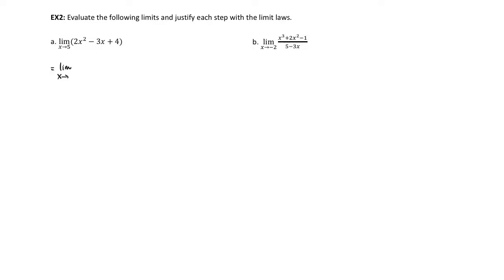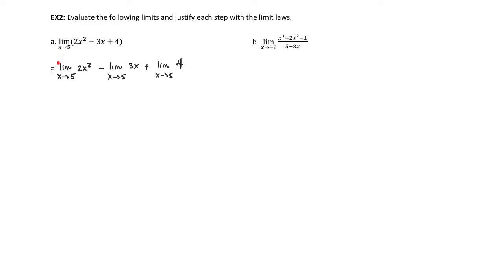As x approaches 5, 2x squared minus the limit as x approaches 5 of 3x plus the limit as x approaches 5 of 4. Here I have a coefficient and I have a coefficient here as well.